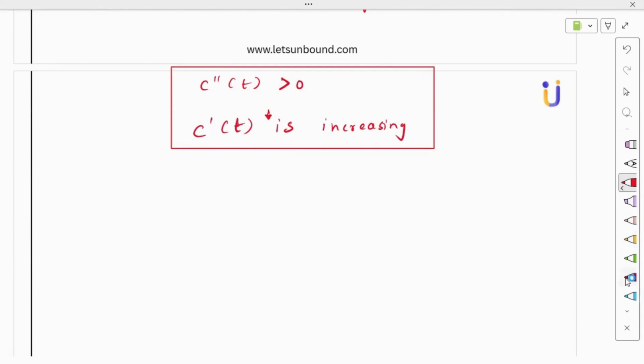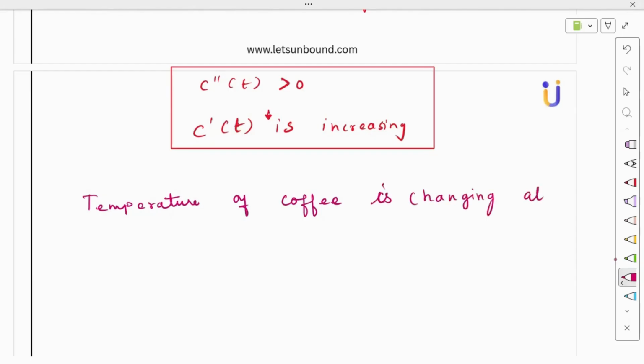In the context of the problem, the temperature of the coffee is, of course, decreasing. We know it's getting reduced. But it is changing at an increasing rate.